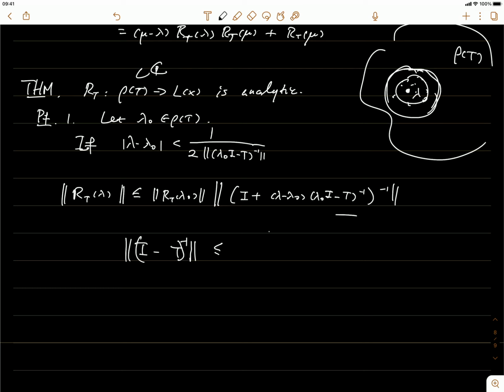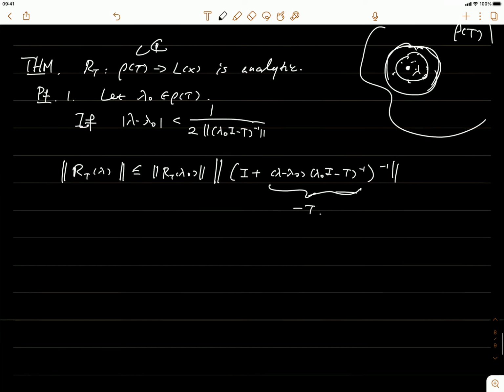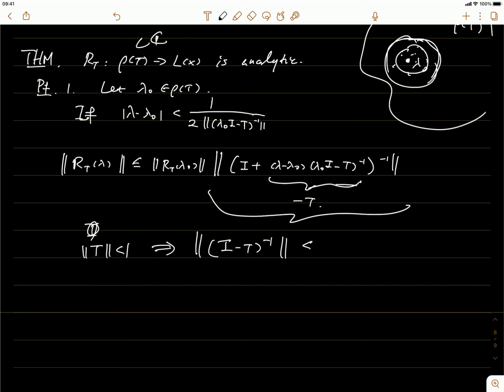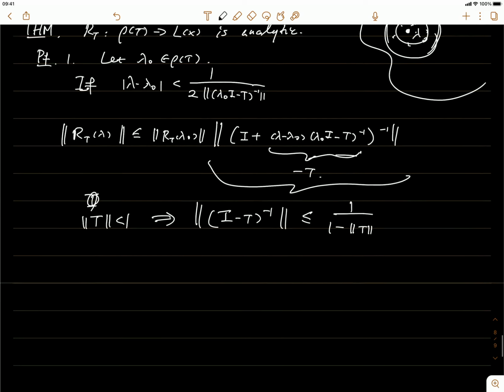I know that this is bounded, remember the previous lemma. This last one here is just (I minus t) inverse, and I know that if t has a norm less than 1, then this is less than or equal to 1 over 1 minus the norm of t.